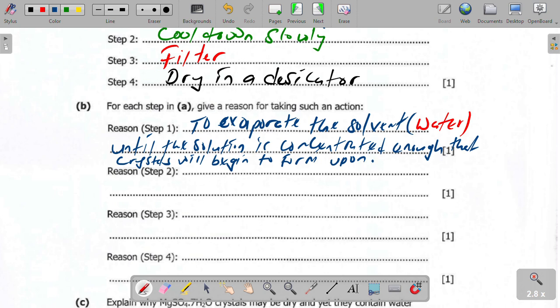So this is our first reason why we are heating to saturation.